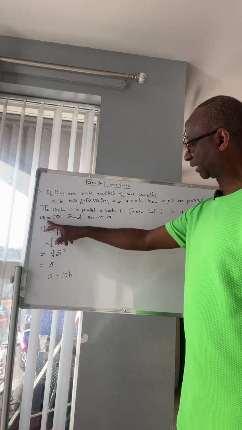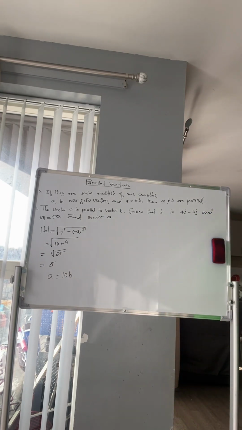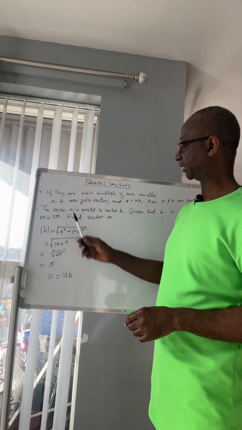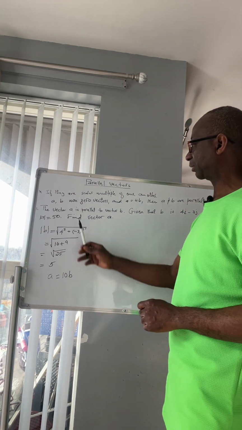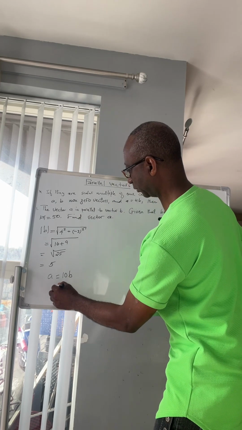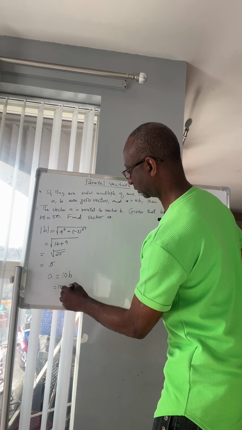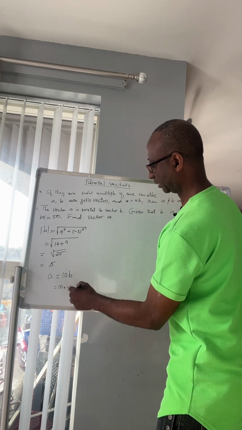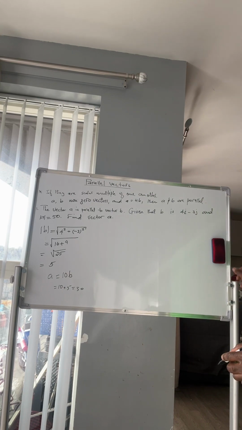So A, therefore, is 10 times B. I hope you can relate this. The magnitude of A is 10 times the magnitude of B, because if you see now 10 times 5, this is 50, yeah? You get 50 here.